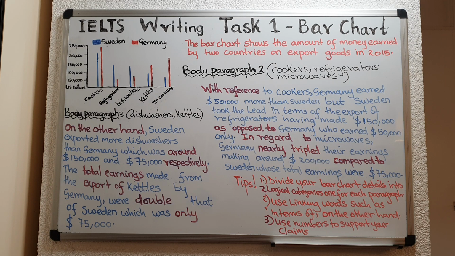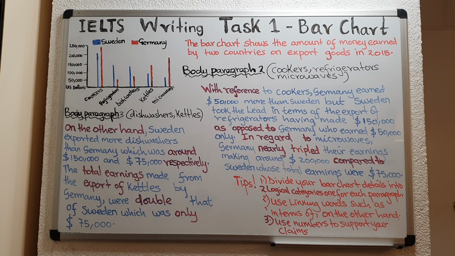So in that point, I'm talking about cookers. And then I also talked about refrigerators. And my first point was that with reference to cookers, Germany earned $50,000 more than Sweden. Okay, that's the first point, that Germany earned 50,000 more than Sweden.